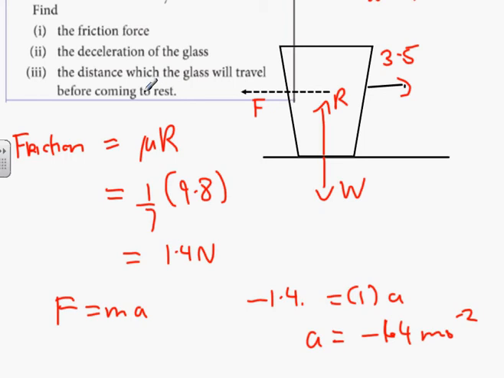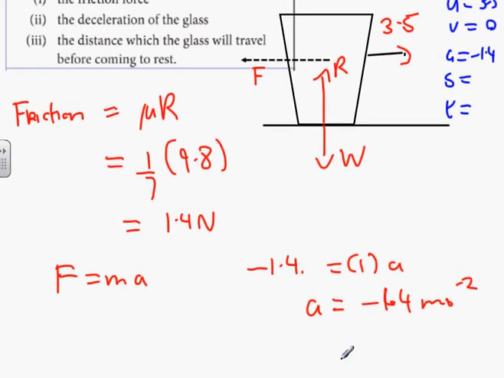The distance the glass will travel before coming to rest, you're talking about the equations of motion, u, v, a, s. So u has a value of 3.5, v has a value of 0, a has a value of minus 1.4, and s is what we're looking for. What formula should we use, guys? v squared equals u squared plus 2as.